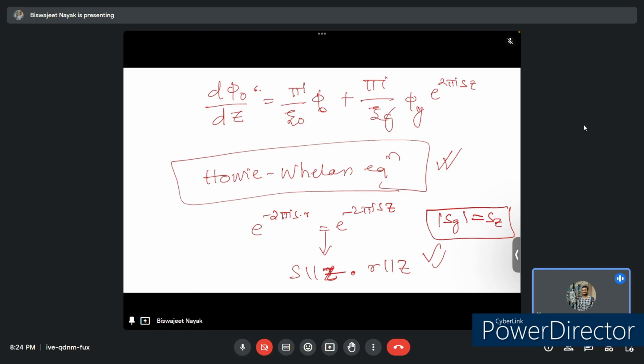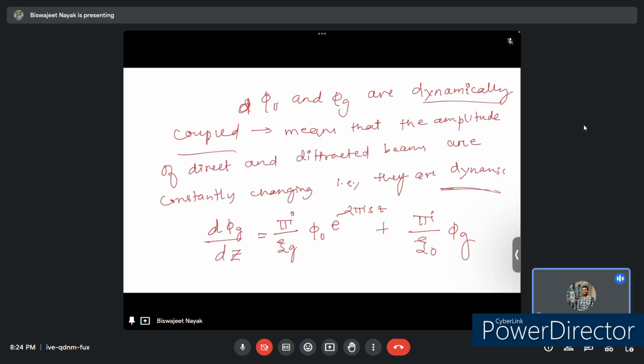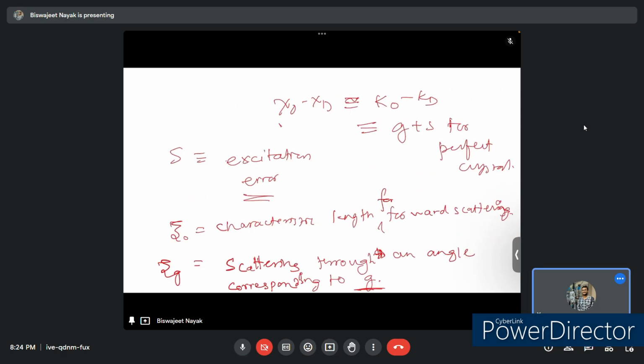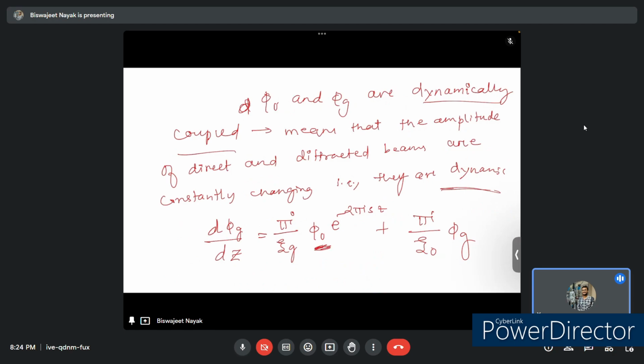The scattering from phi g to phi g is also forward scattering, and we can see here because it also depends on phi 0, although it takes place in a different forward scattering. So forward scattering does occur, but it doesn't change the direction of the beam. However, it does have a characteristic length psi 0, and this length is another way of saying we have a refractive index effect for electrons.